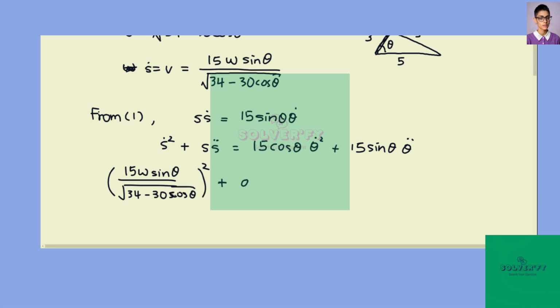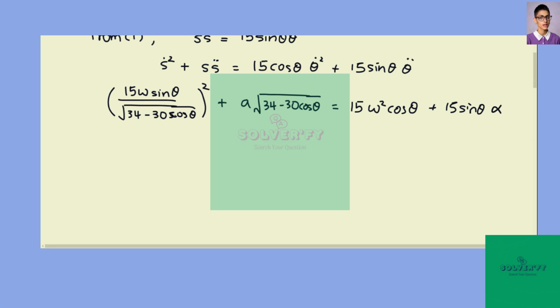So you have s double dot times the square root of 34 minus 30 cosine theta equal to 15 omega squared cosine theta plus 15 sine theta alpha.